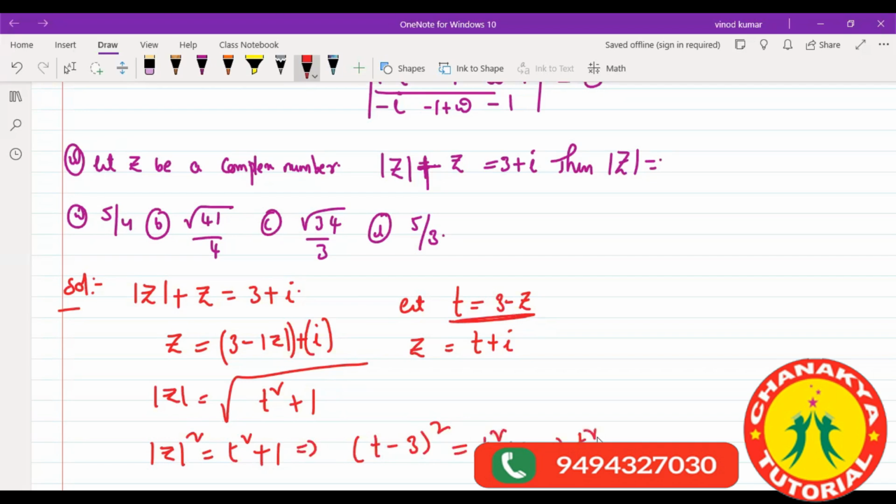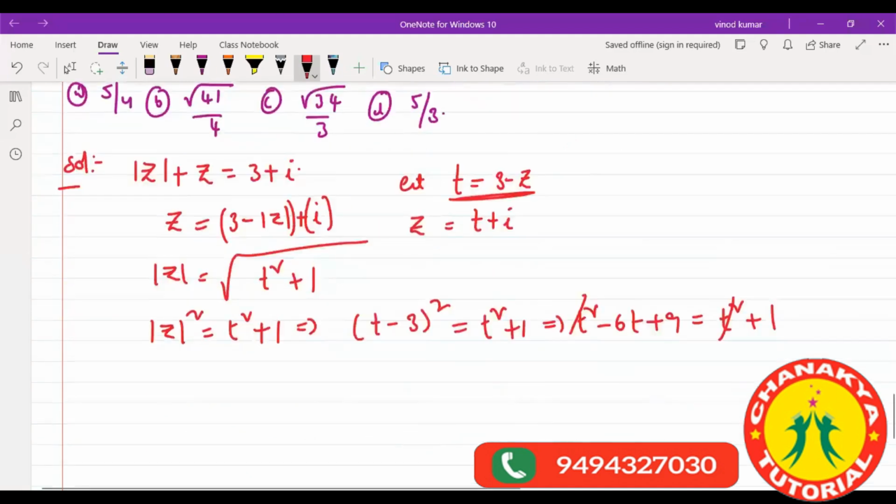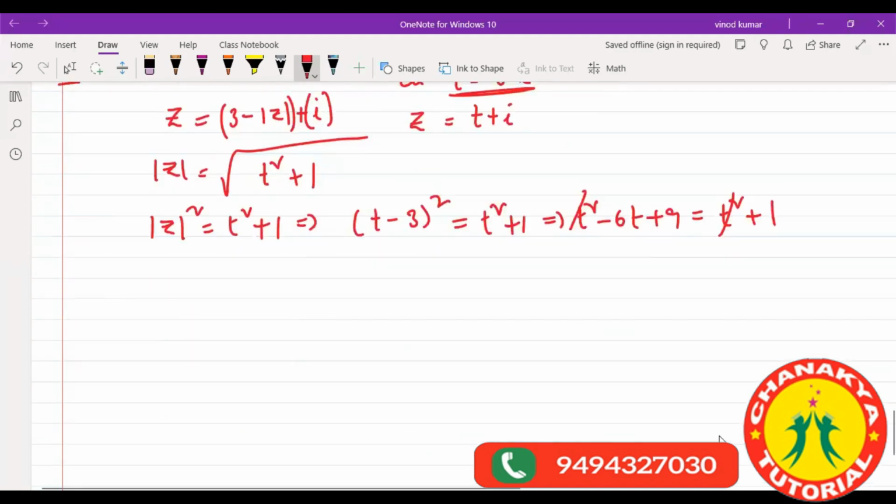We get t square minus 6t plus 9 equals t square plus 1. T square cancels. Minus 6t equals minus 8, then 6t equals 8. So t equals 8 by 6, which is 4 by 3.